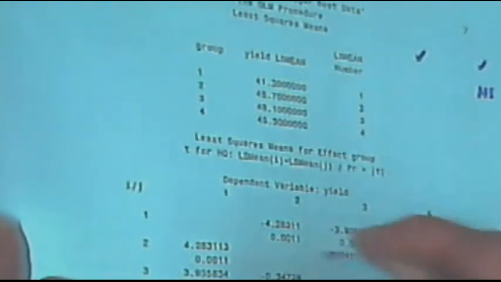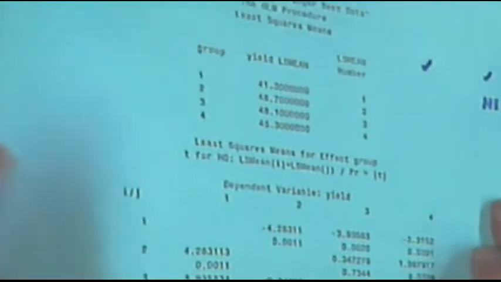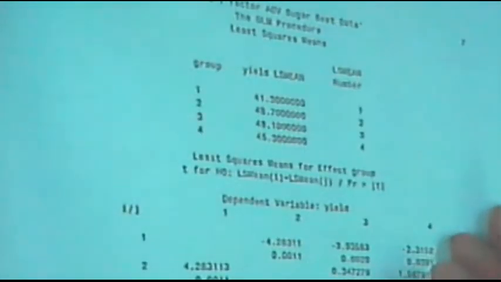Let's see, what's this? I think I have to go back and look.